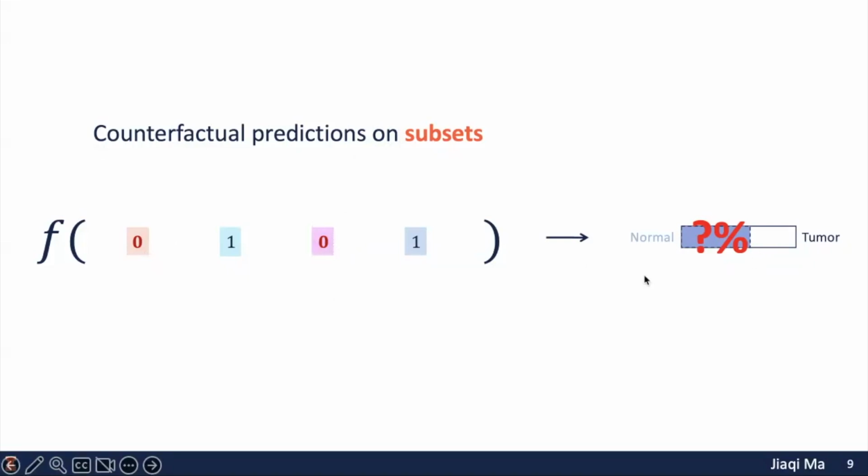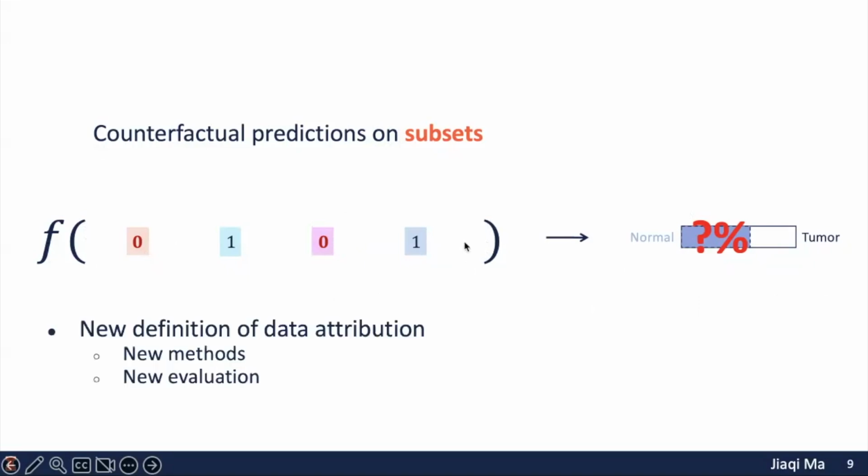And then we want to predict how the model prediction changes when we are training on this subset. This essentially sets up a slightly different definition of the data attribution or data influence problem. And this leads to the need for new methods and also new ways of evaluating the data attribution methods.